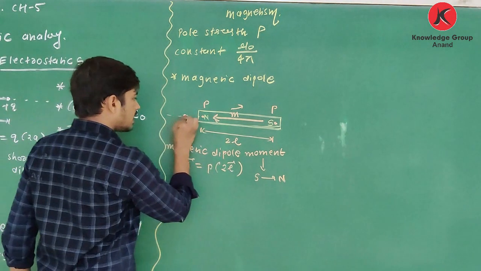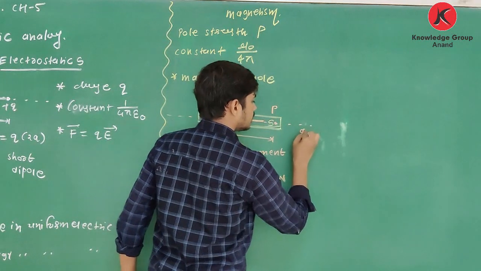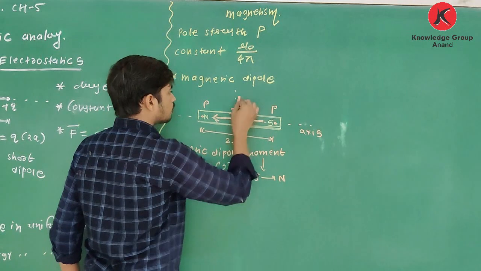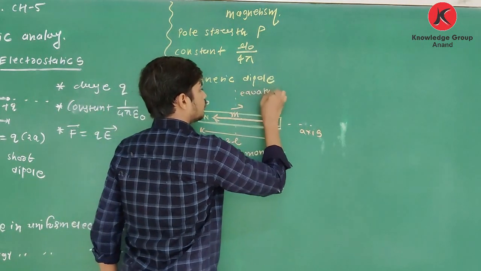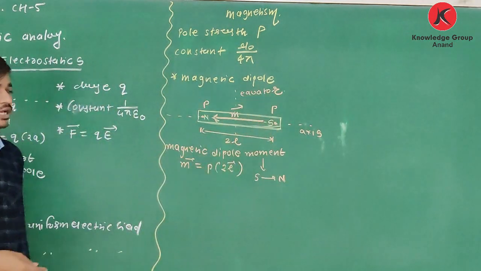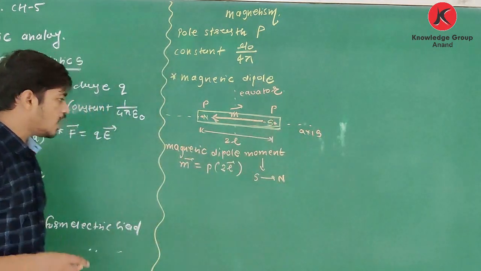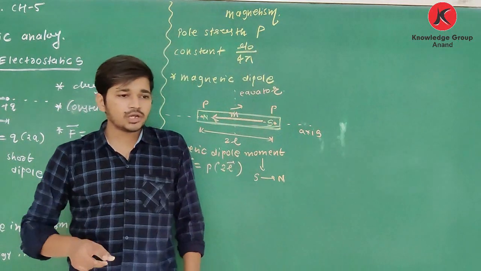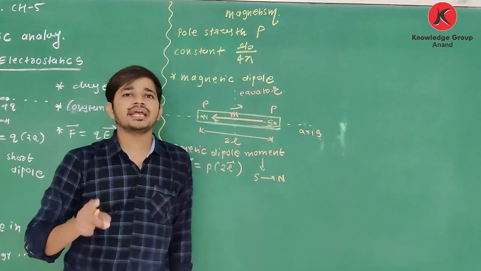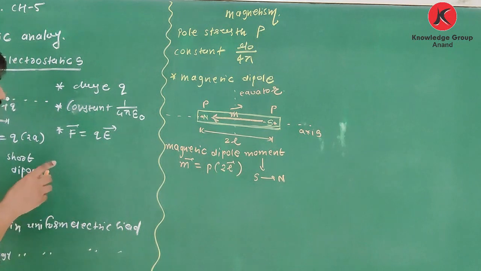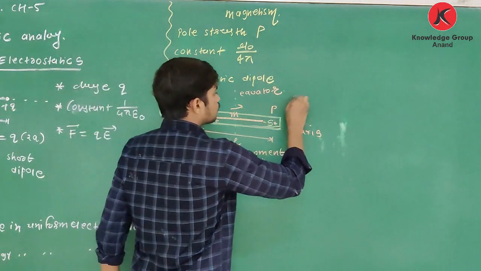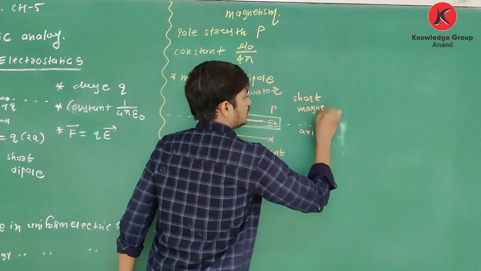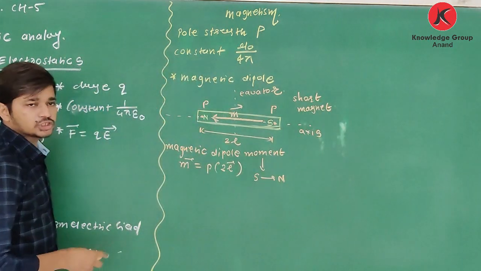Now, this is called the axis of the magnet, and this is called the equator of the magnet. On the axis of the magnet, in the theory of this chapter, we obtained one result for a short magnet.